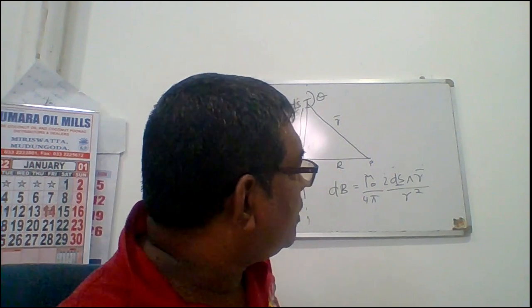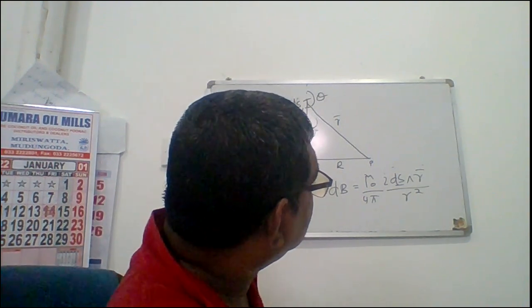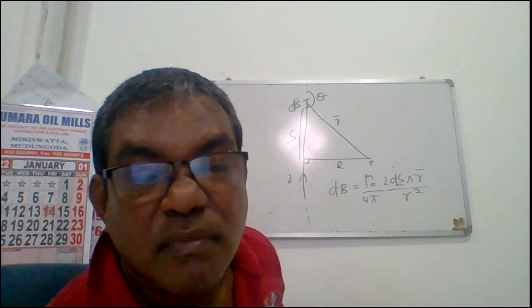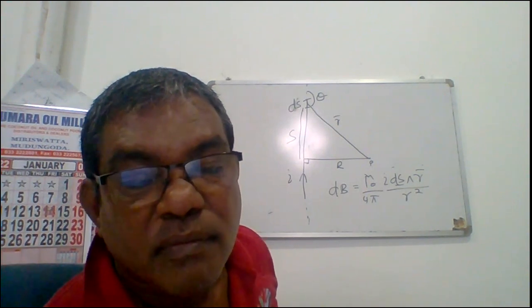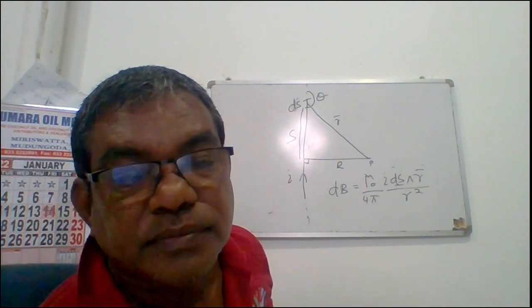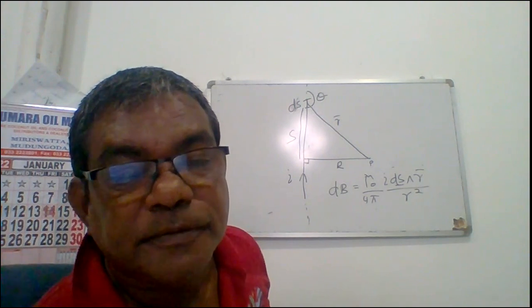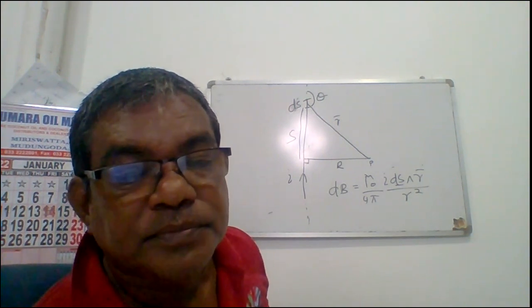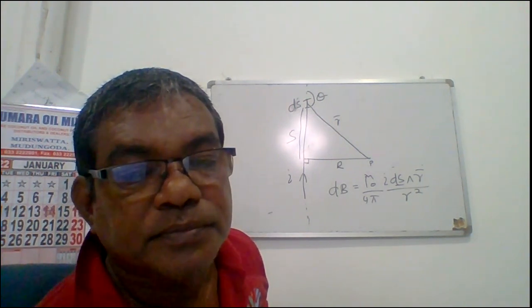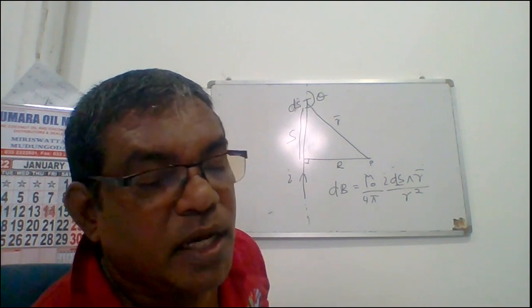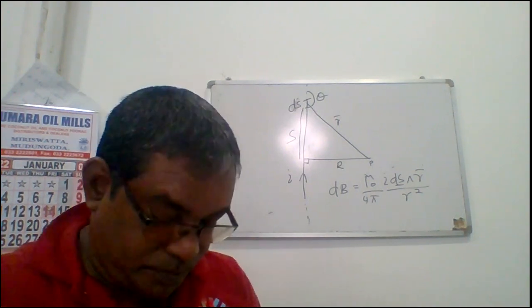Anybody can say what the cross product of this is? How are we going to write down the cross product?